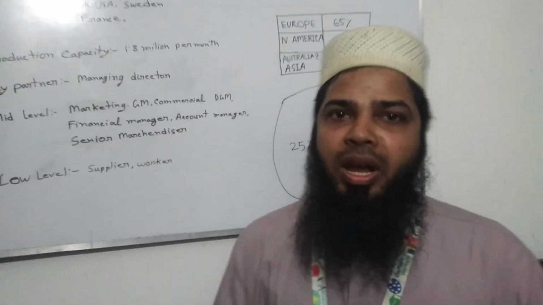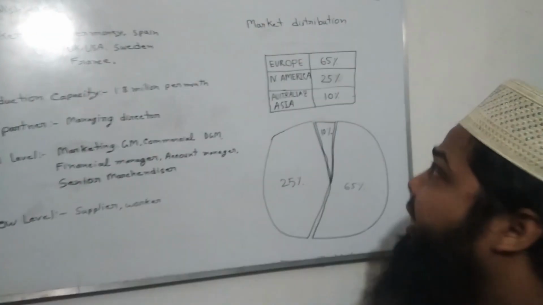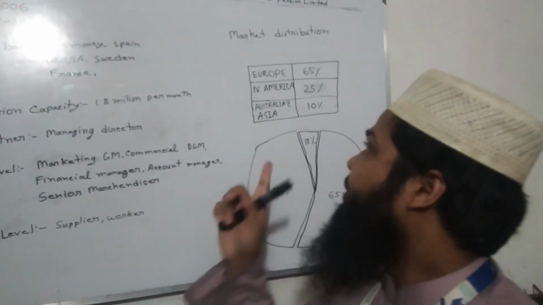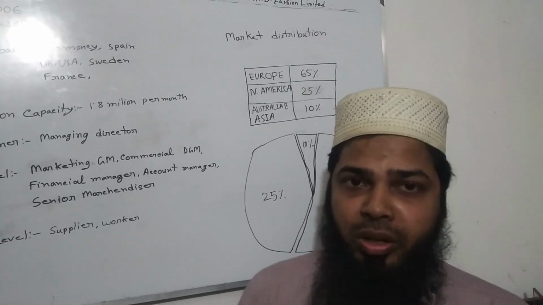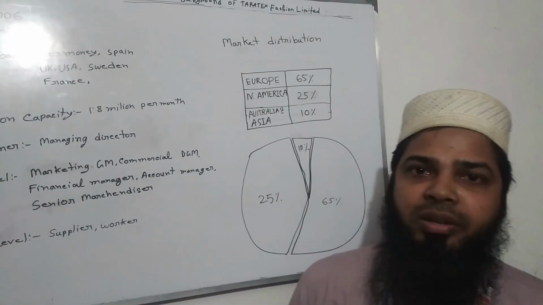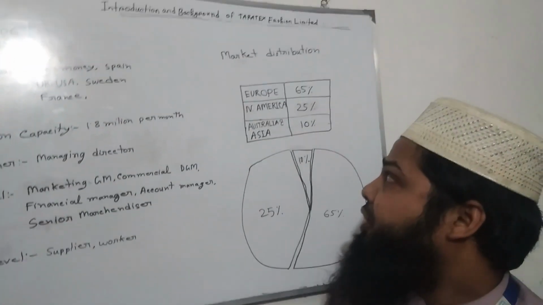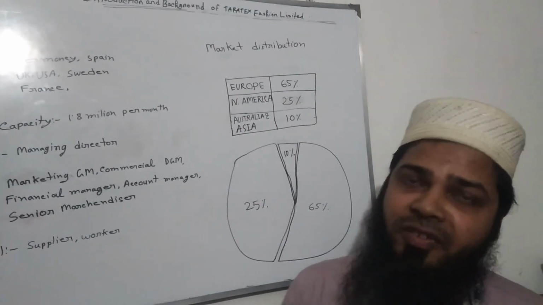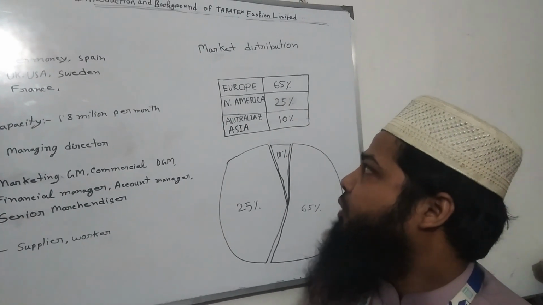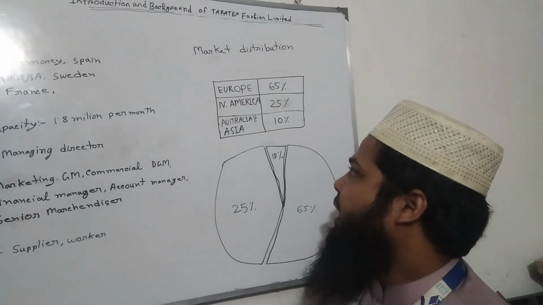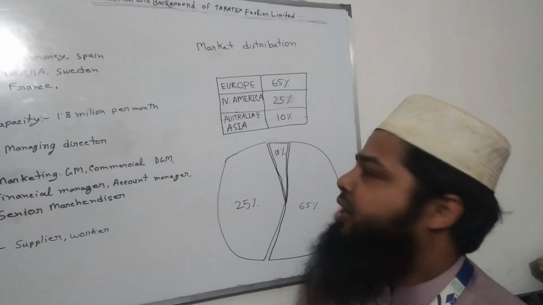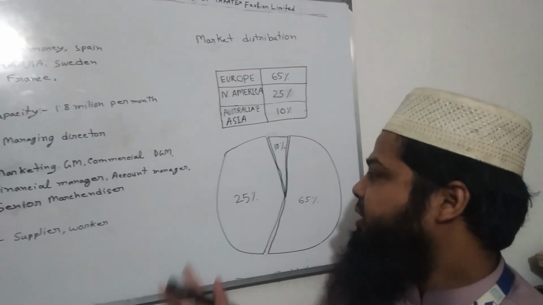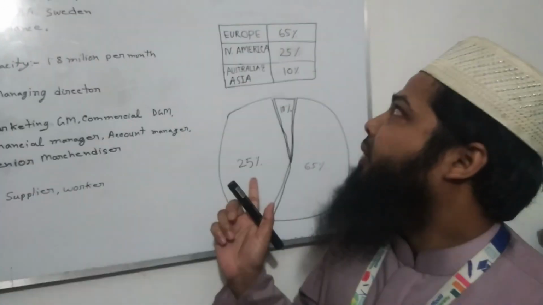And this time I will discuss market distribution, where they mostly sell their product in three regions. Their maximum percentage is Europe 65%, North America 25%, and Australia and Asia 10%. And this is the pie chart of this market distribution.